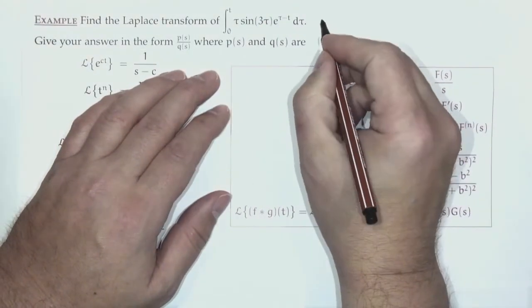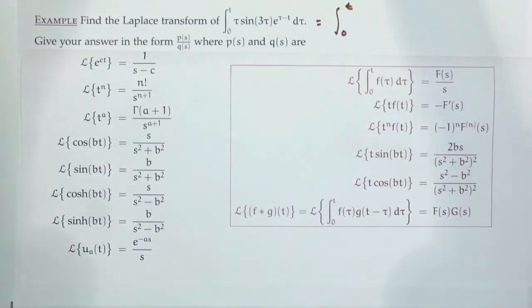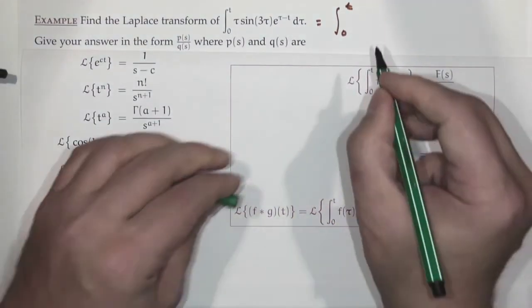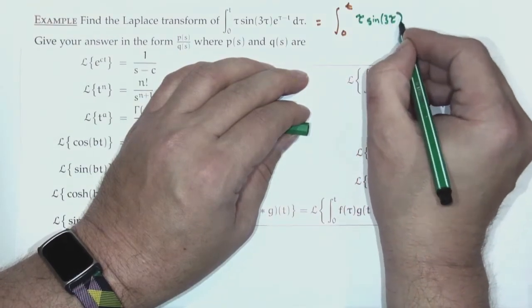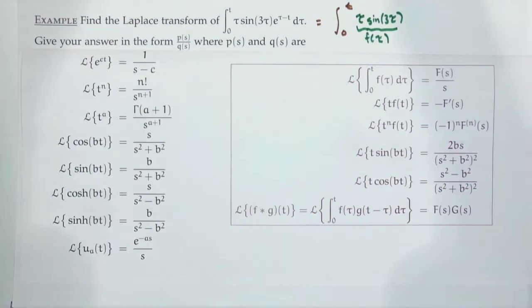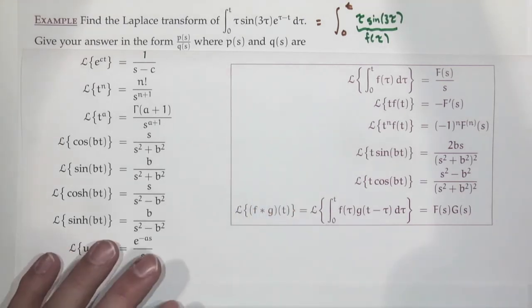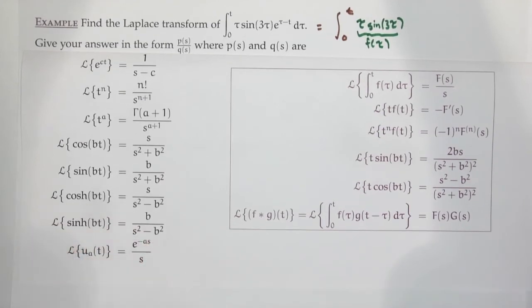So this integral, we could think of it as two things. We'll think of it as this tau sine of 3 tau. So this is our f of tau. Now, we need something that looks like g of t minus tau. Do we have anything like that? E to the tau minus t, but then I hear a skeptical, no, it's not t minus tau, it's tau minus t.